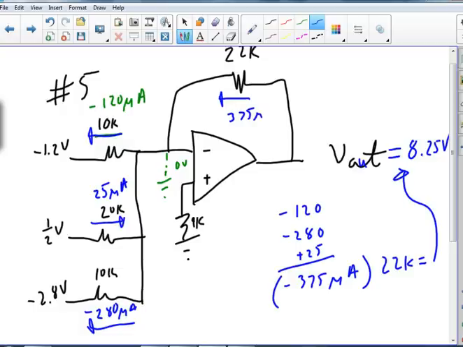So this has to be the plus side, that has to be the minus side, this has to be plus 8.25. That answer enough questions or confuse the issue more? But I'm sending in negative voltage on the negative side of my amplifier. Negative and negative is going to make it positive.